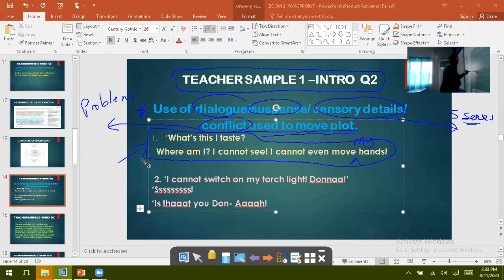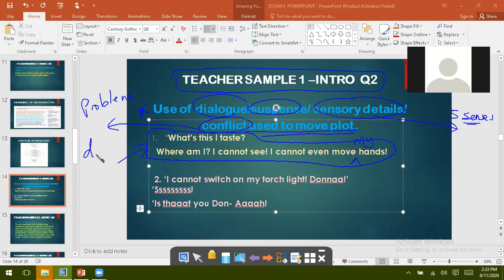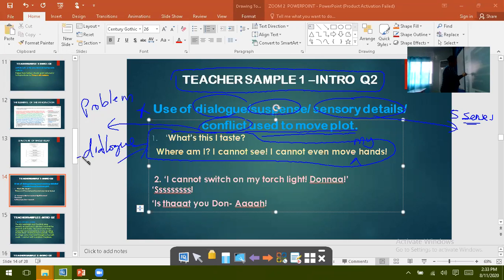Okay. So what do you see in here? What are the elements applied here? There is conflict. There is also suspense. It's the use of sensory details, because the person in the story is describing something that does not really tell us what's really happening, but from the questions we are seeing, some unanswered questions.